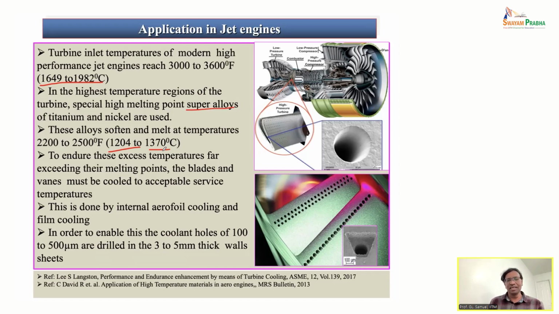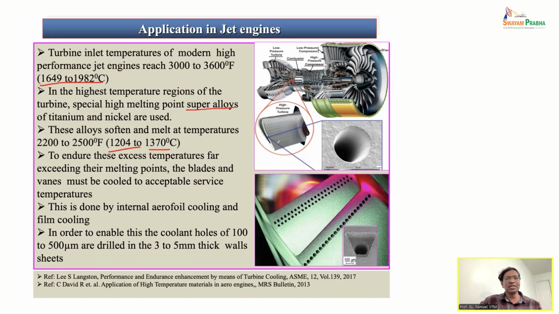Softening means it may not melt, but it starts losing its strength and other properties when you heat above these temperatures. So to overcome this and make the jet engine work at higher temperatures, there are various mechanisms.